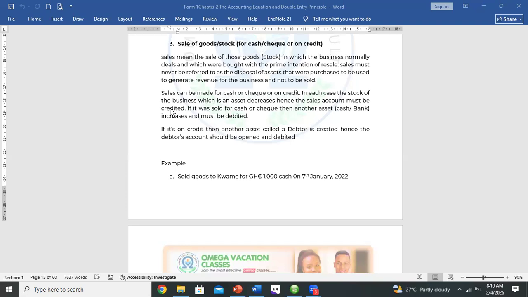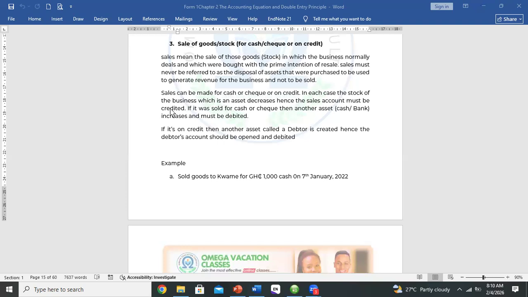Since the business is set up to buy and sell land, anytime they sell land, it is recognized as what? Sales. The same way when they buy or purchase a land, it is recognized as purchases. I don't know if I'm making sense.